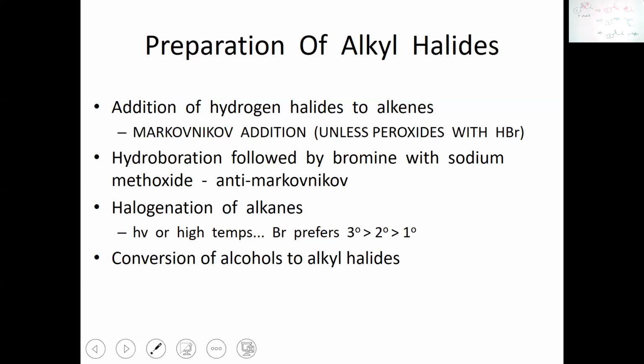So instead of just synthesizing something from the Grignard and carbonyl, it's likely you will have to synthesize something starting with either an alkane or an alkene or an alcohol or an alkyl halide.